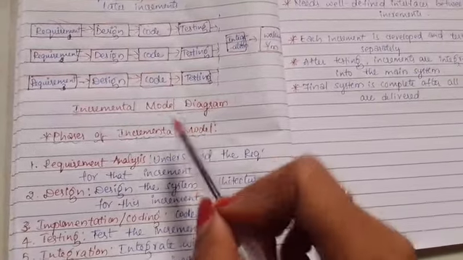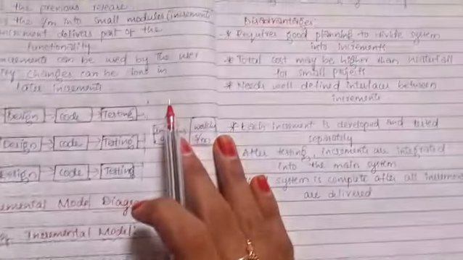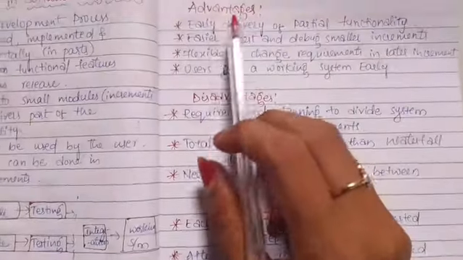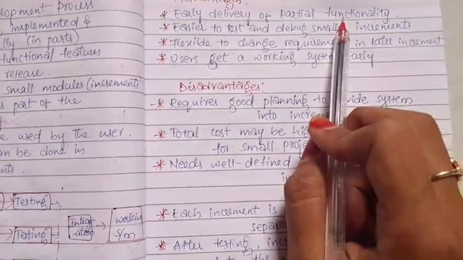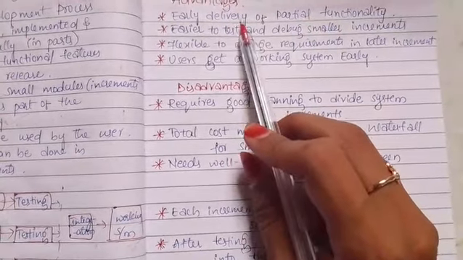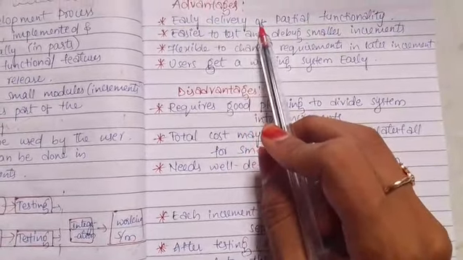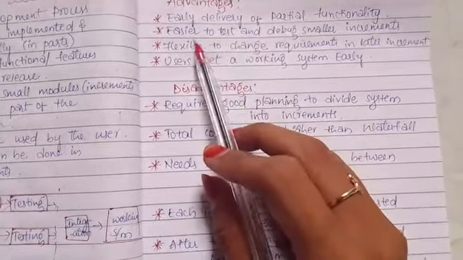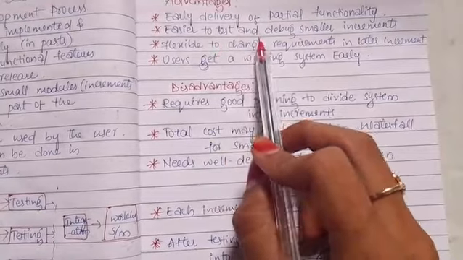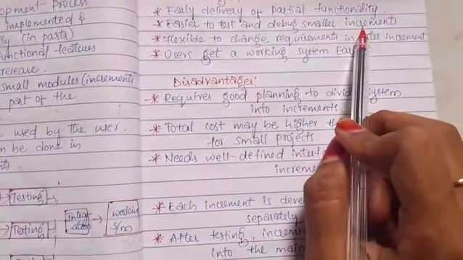And we have advantages and disadvantages in the incremental model. Let us see the advantages. Early delivery of partial functionality: it can be delivered in the early stages. It is easier to test and debug smaller increments.